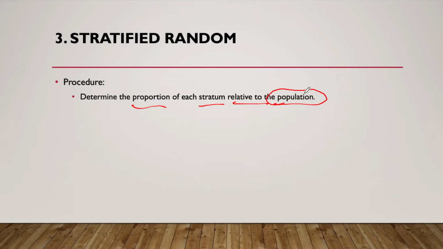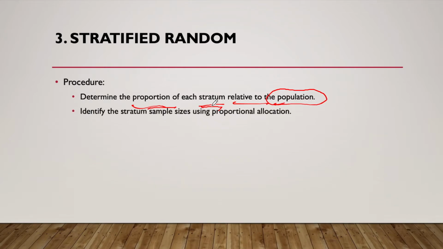In some books they will explain proportionate stratified random sampling and simple stratified random sampling, wherein in the simple there is an equal number n that we will be taking from each stratum, but it is ideal that it be proportionate. That's what we call proportionate stratified random sampling. So there should be a proportion for each stratum. That's the first step.